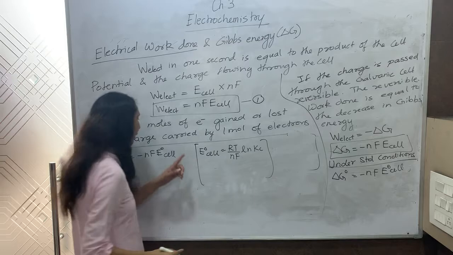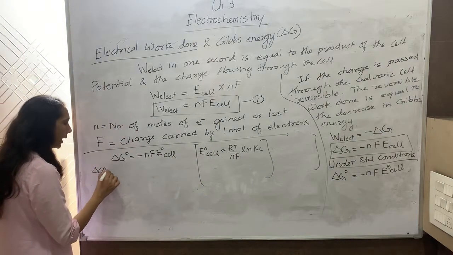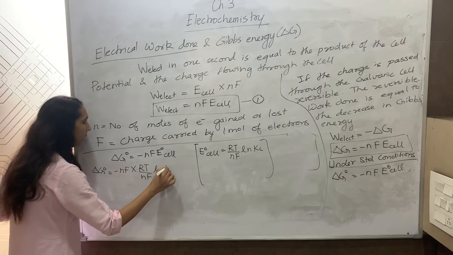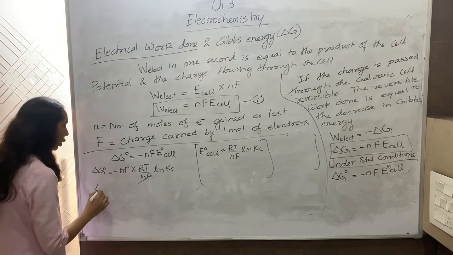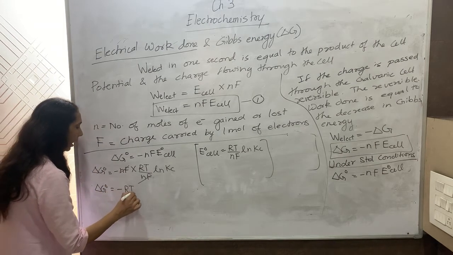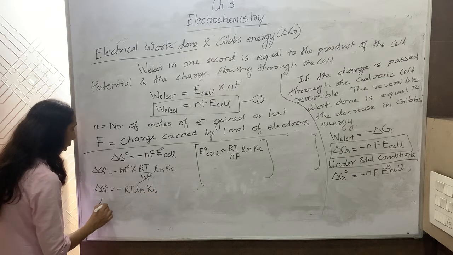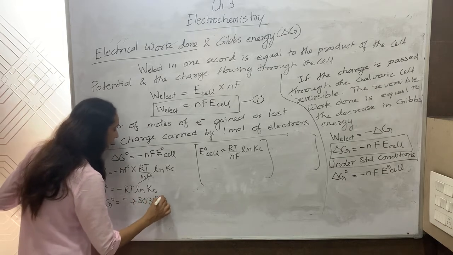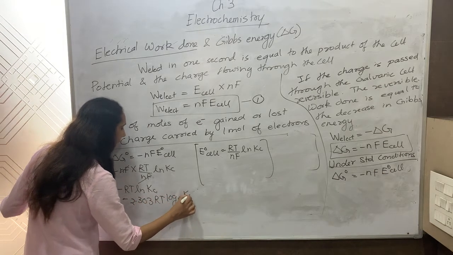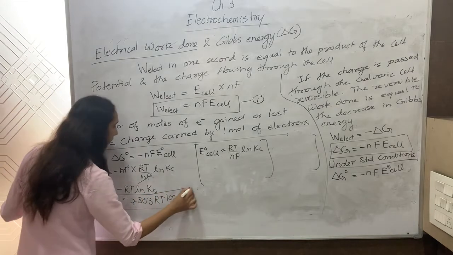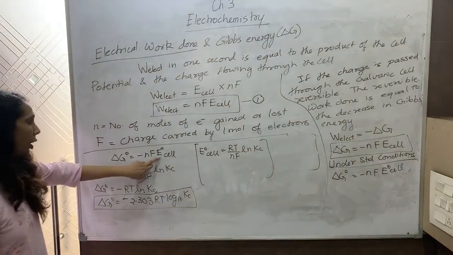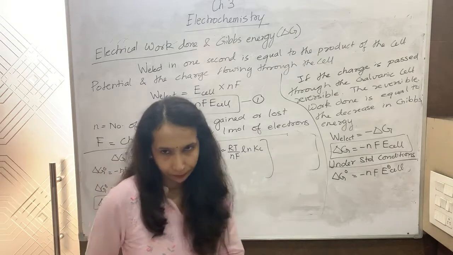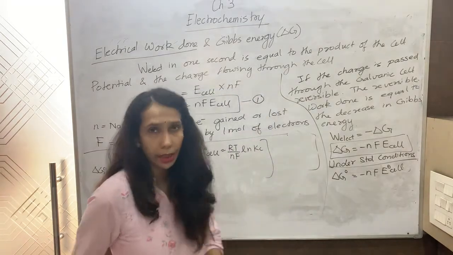Substituting, delta G naught is equal to minus NF multiplied by RT upon NF ln Kc. NF cancel, so delta G naught is equal to minus RT ln Kc, or I can replace ln by 2.303 log to the base 10 Kc. So if I know the equilibrium constant Kc, I can calculate E naught cell, and I can calculate delta G naught, that is standard Gibbs energy.